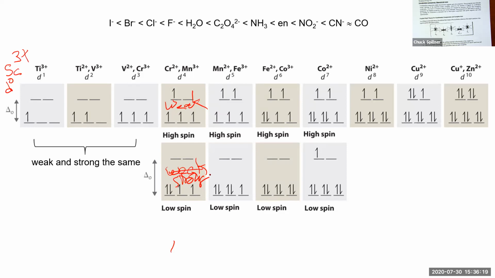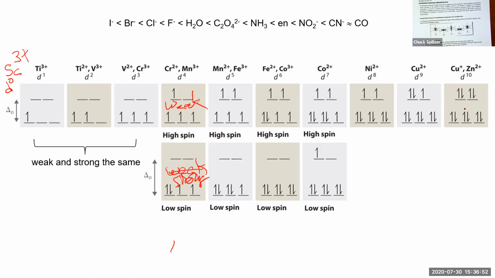Now, if you have a partially empty orbital, like in the D8, there's room for an electron, so you can still get absorption of light. When we talk about the spectral properties, an electron can still be promoted from a lower energy orbital to a higher energy orbital. However, in the case when you get to D10, there's no space for a lower energy electron to go to a higher energy orbital because the higher energy orbitals are full.